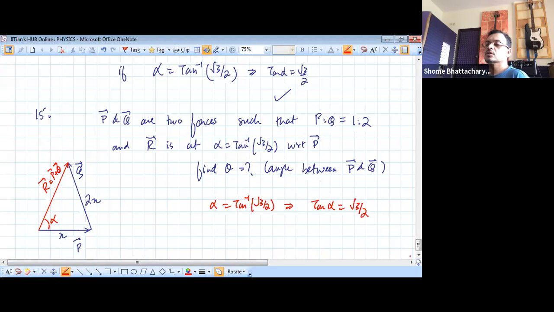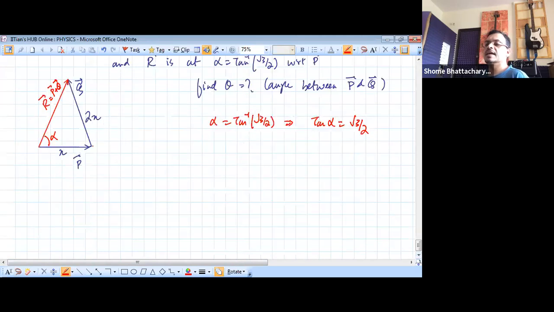So how do we solve this? We know the formula that if the angle between P and Q is theta, then tan alpha is equal to Q sine theta upon P plus Q cos theta, where tan alpha is root 3 by 2.